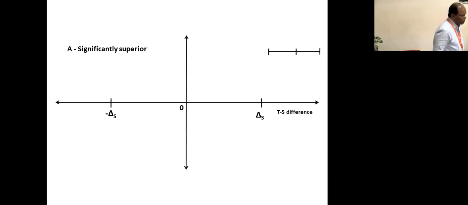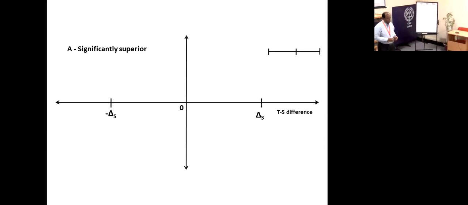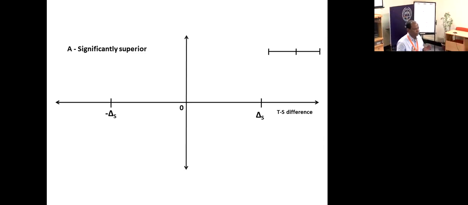Many times, why is it called significantly superior? There is one delta. To prove superiority, it has to exceed 0. The null hypothesis value is 0 when you want to prove superiority. One is better. We say 0 is the null hypothesis, and the alternative hypothesis is not 0. So how do we come here? Different.